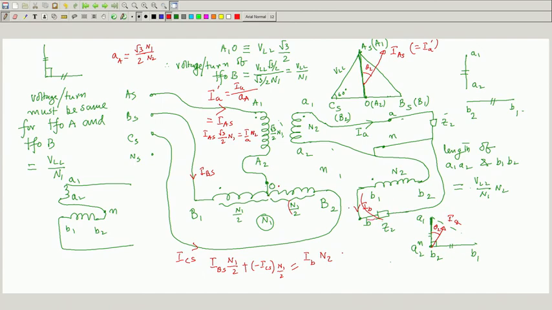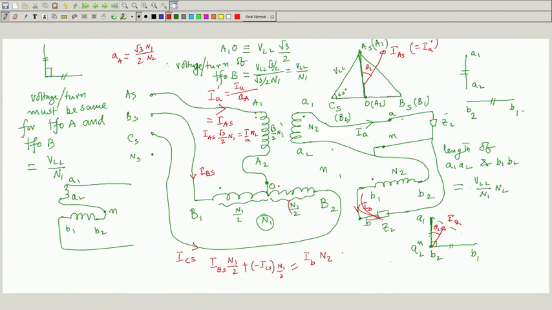So, through the dot if current comes out, in its primary current will be entering through the dot, as here there was small I_A through the dot and no complication, but here these two parts carry different currents, so I have to calculate. Through the dot current coming out is I_B, therefore I must expect current flowing in. I_BS by virtue of its direction enters through the dot, but that I_BS lasts for only N1 by 2 turns.